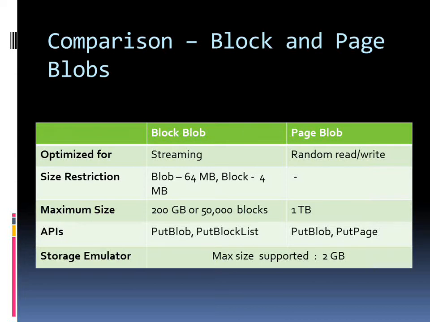You can see the huge size you get when working with blobs. A blob can be up to 200 GB in size, assembled from up to 50,000 blocks, whereas a page blob can be up to 1 terabyte. That's really huge. The API that you use is well listed out here.